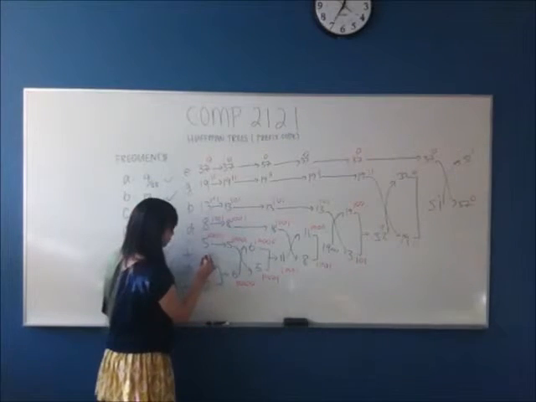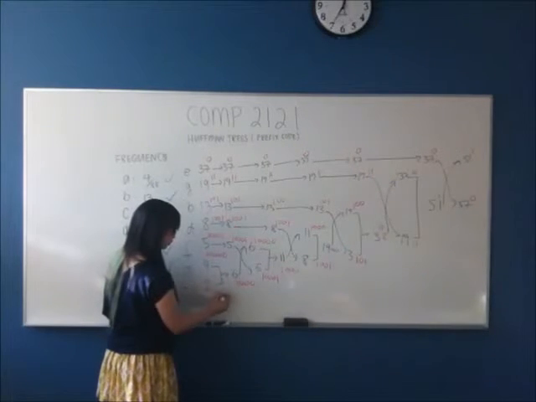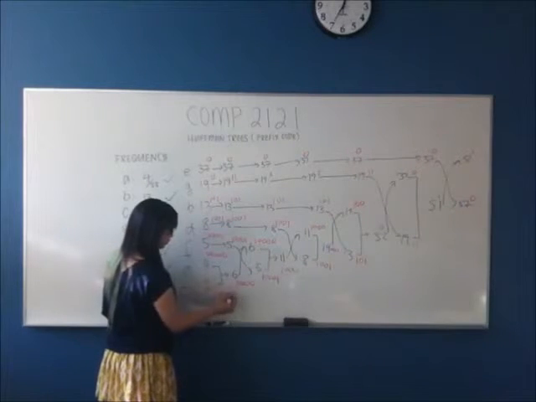And now the last two numbers are 1, 0, 0, 0, 0, and a 0. 1, 0, 0, 0, 0, and a 1.